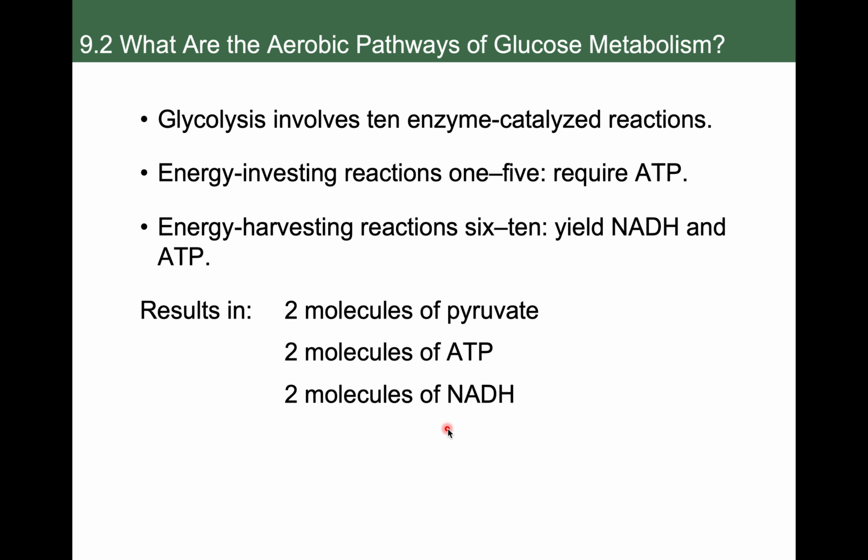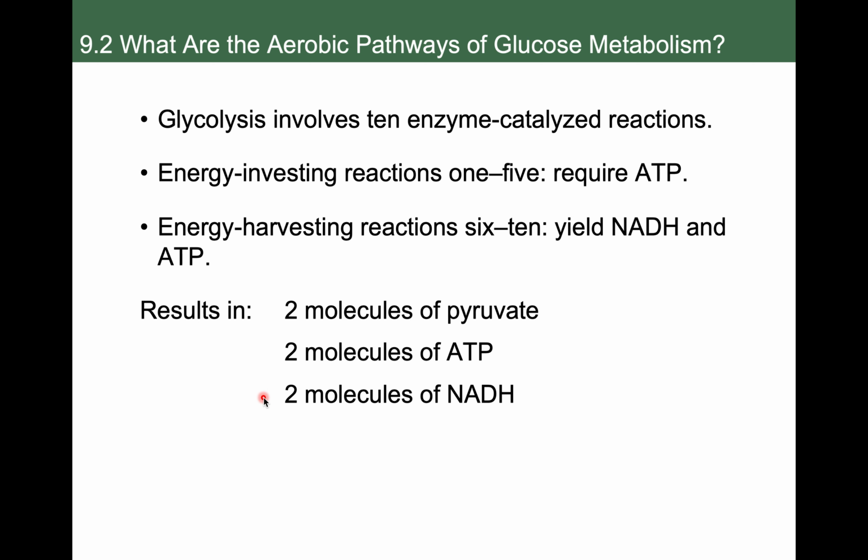In terms of housekeeping, what do I want you to know? I want you to know what goes in, which is glucose, and what comes out, which is listed down here: 2 molecules of pyruvate, 2 ATP, and 2 reduced electron carriers, NADH.